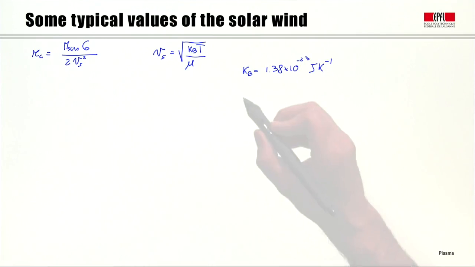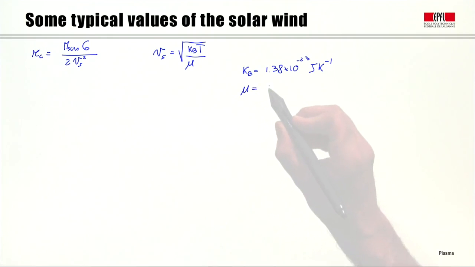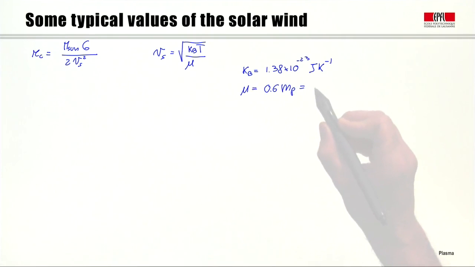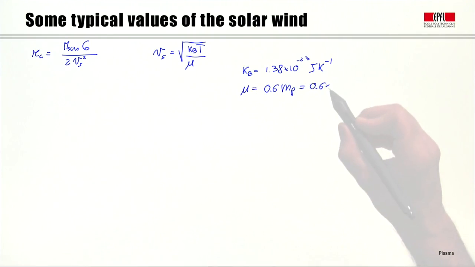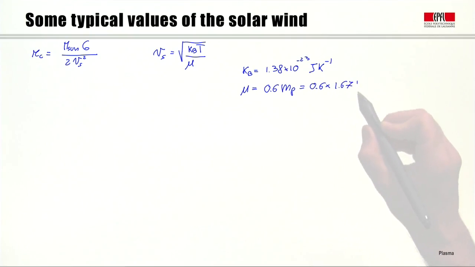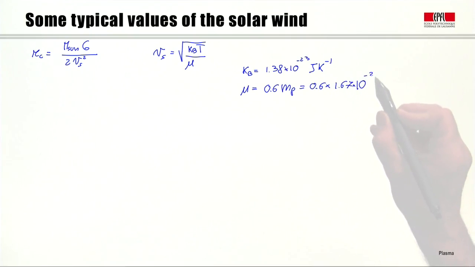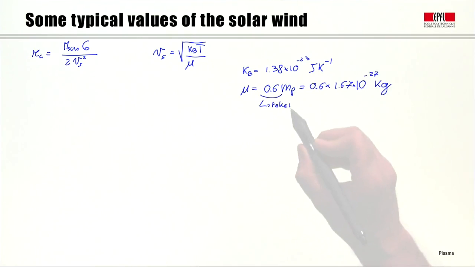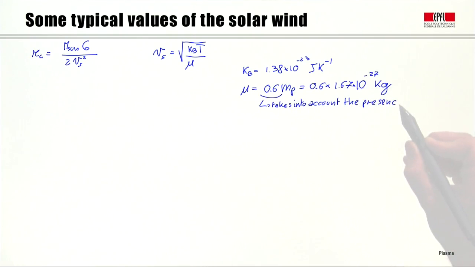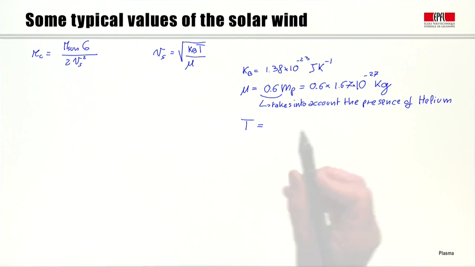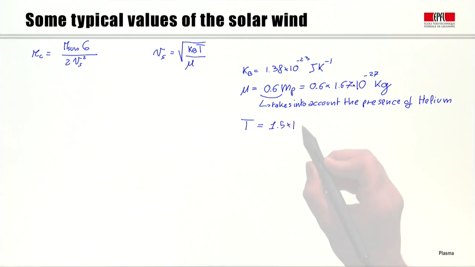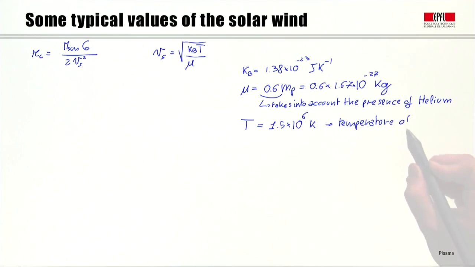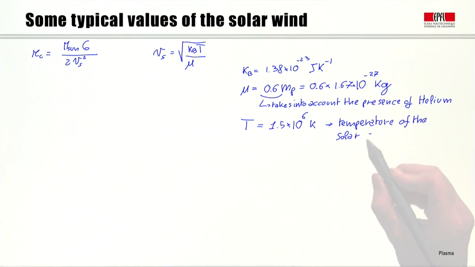Mu is the average weight of individual particles, which we express in kilograms, and where we have used 0.6 instead of 0.5 to take into account the fact that the plasma has a small fraction of helium, as we have seen in a previous module. And we can assume a temperature of 1.5 million degrees Kelvin, which is a typical temperature for the solar corona, where the solar wind originates.